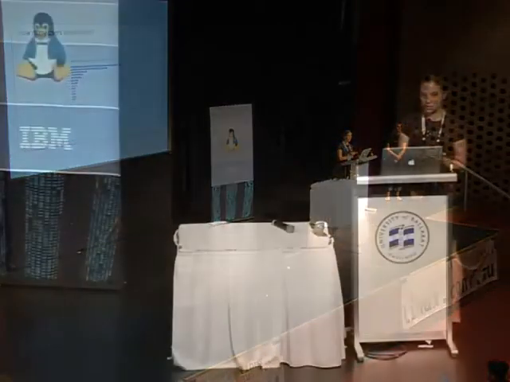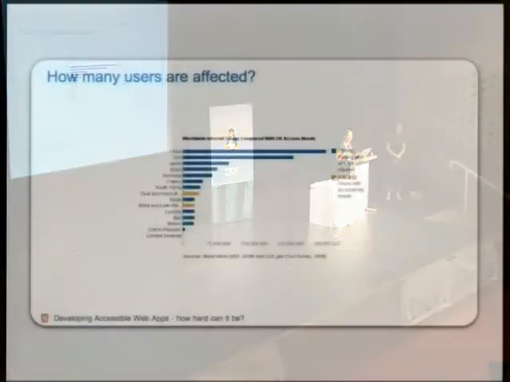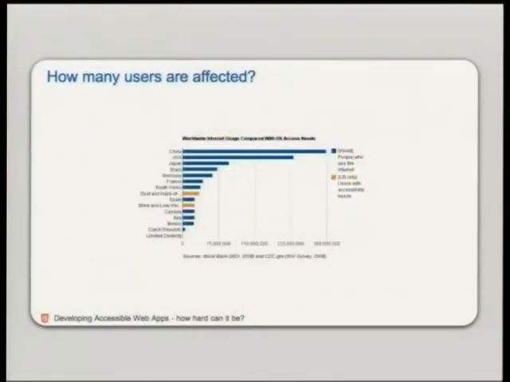So, first of all, when we talk about accessibility, what are we talking about? Users with some kind of impairment being able to access any given website. So, the size of the problem is pretty big. So, we have a graph here. Disabled users only in the US, deaf and hard of hearing users in the US only, not the whole world, exceed the number of internet users in Spain.